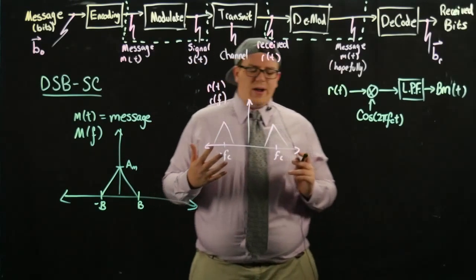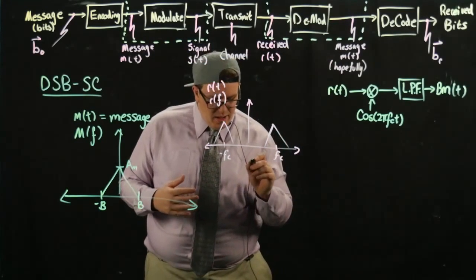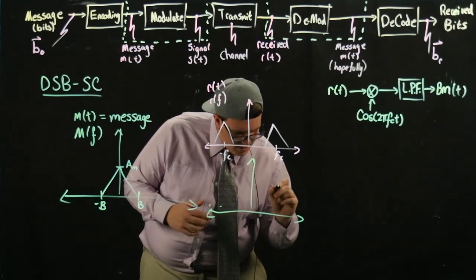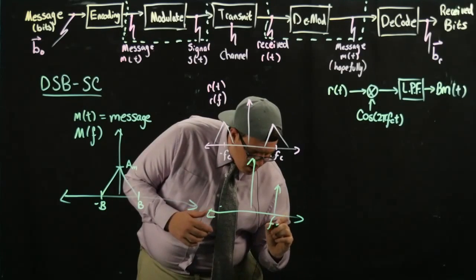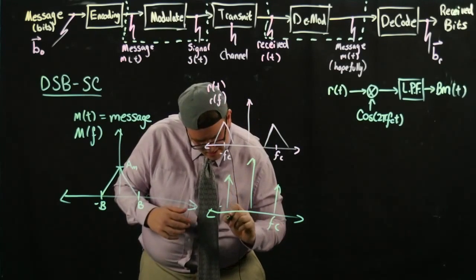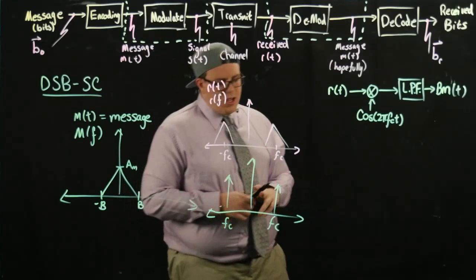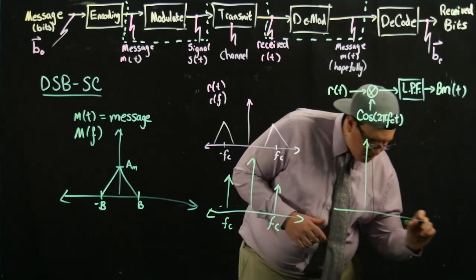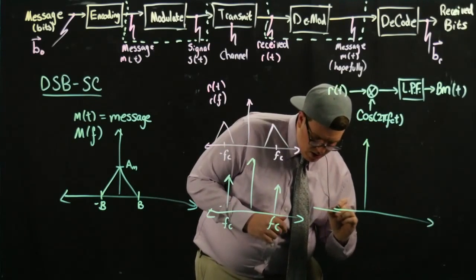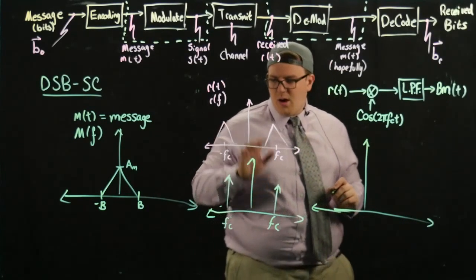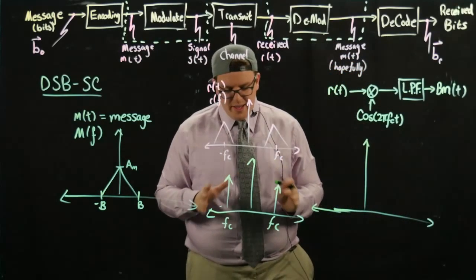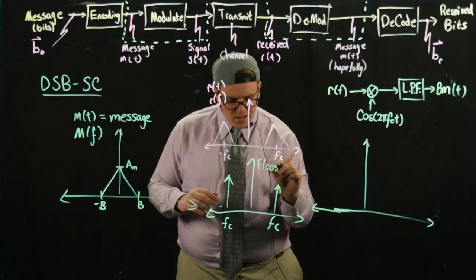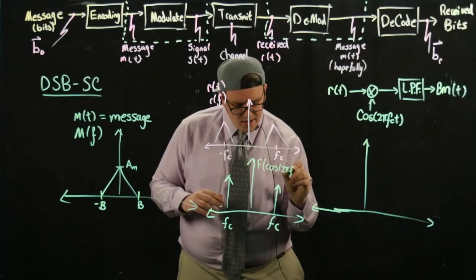Again, if we take a multiplication in the time domain, we take a convolution in the frequency domain, and that convolution is with 2 delta functions at fc. So let's look at what happens to R(f) in the frequency domain when multiplied by this cosine, the Fourier transform of cosine 2πfct.